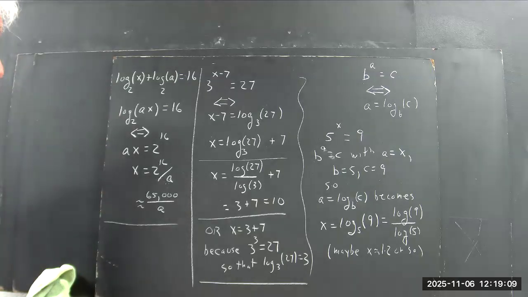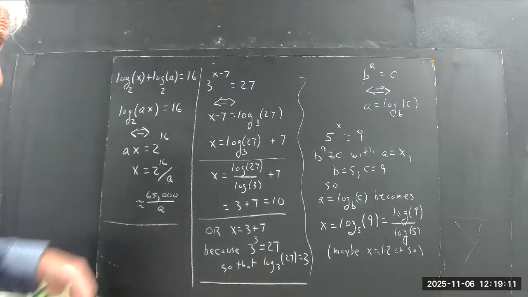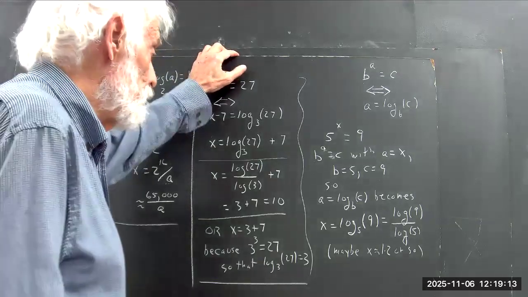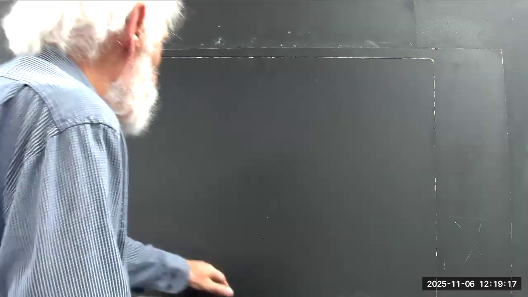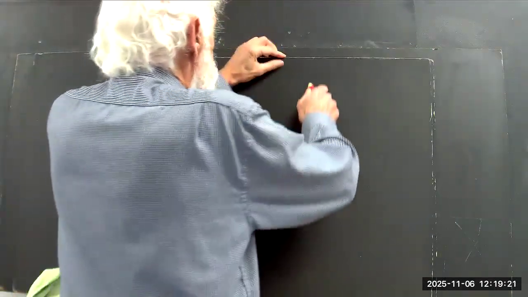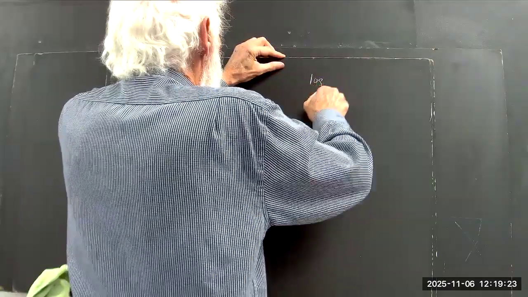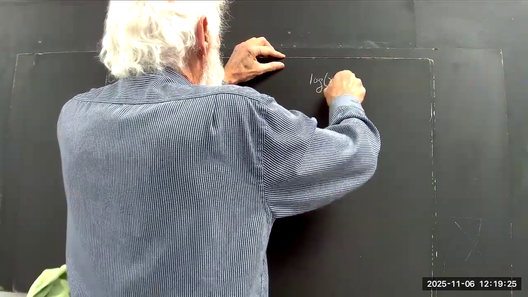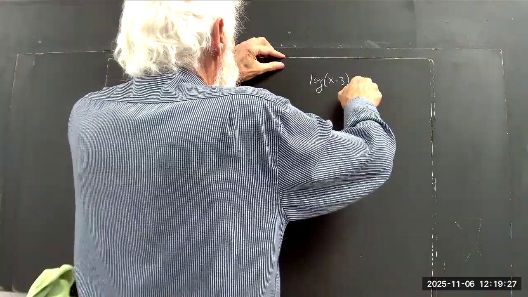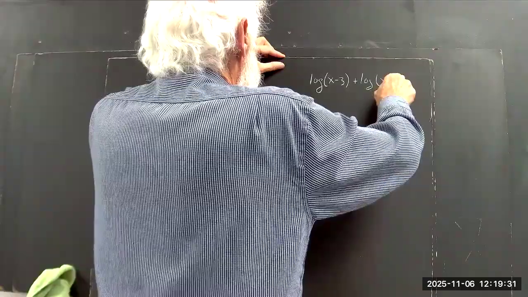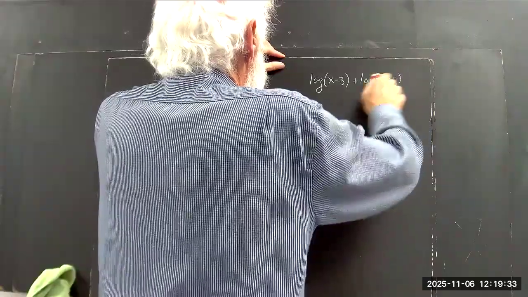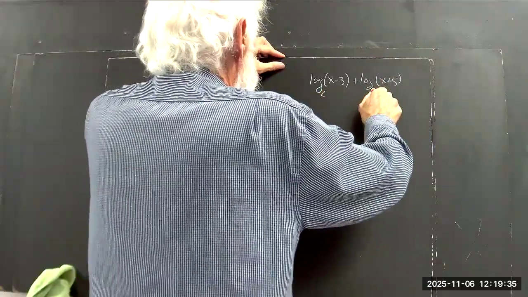So hopefully that makes a certain amount of sense. Now it gets even better. Let's do another logarithmic equation. Let's try the log of x minus 3 plus the log of x plus 5 and make it a base 2 log again.